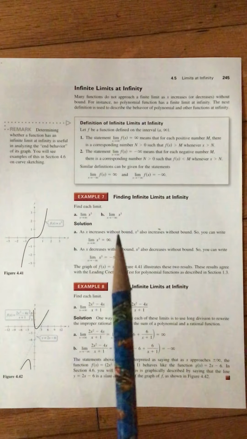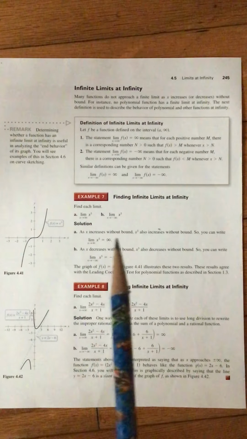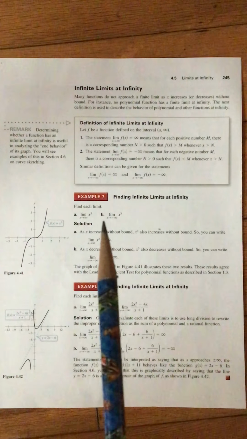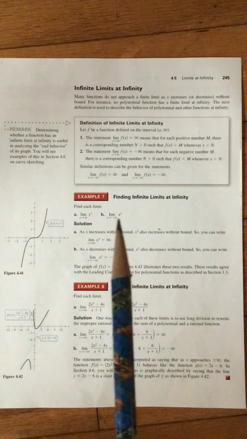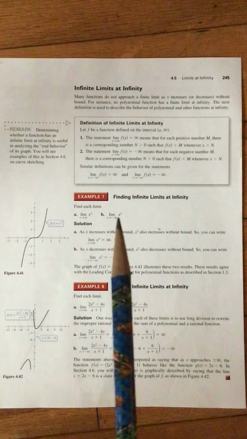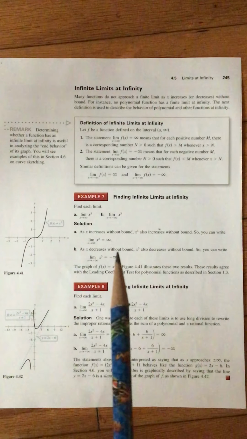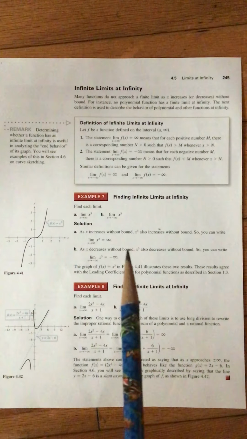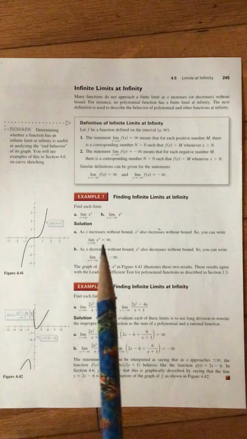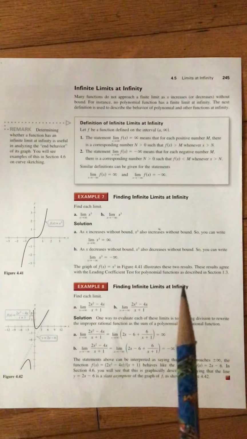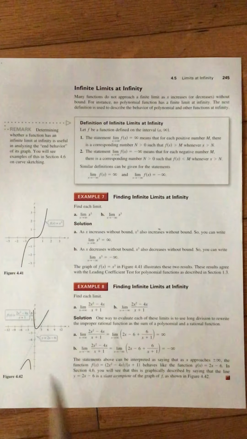There is no limit. Likewise, as x approaches minus infinity, this would be minus infinity cubed. The minus cubed is the minus, so it's approaching minus infinity. Again, it's decreasing without bound. There is not a limit. We cannot find the limit. The limit does not exist.